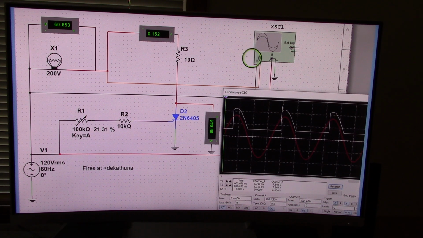Be careful with this, because this is not like a regular connection here. You see the plus side is going to here, and the ground side is going to the other side of this device. The purpose of what we are doing here is measuring the voltage across this light bulb.